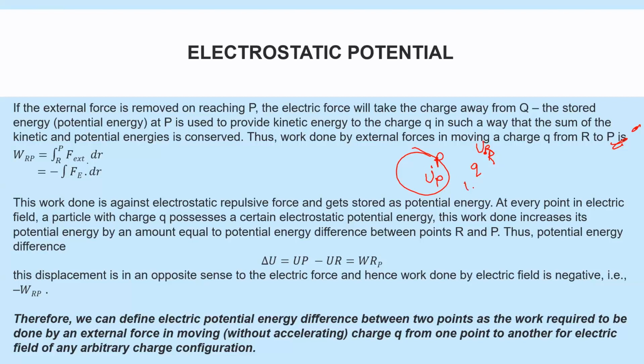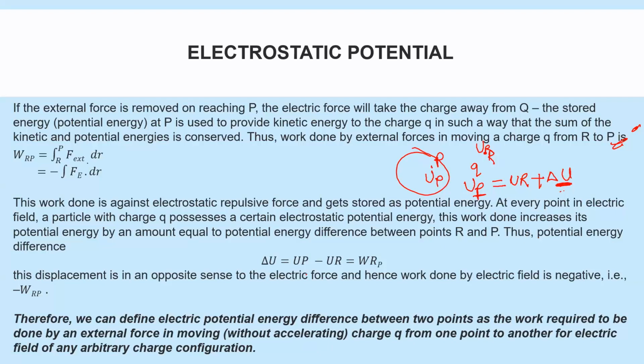So when you come to P, UP is going to be UR plus delta U, which is your potential energy difference. Whenever we are moving the charge from one point to another, the potential energy is going to increase by an amount that is the potential energy difference between the two points.